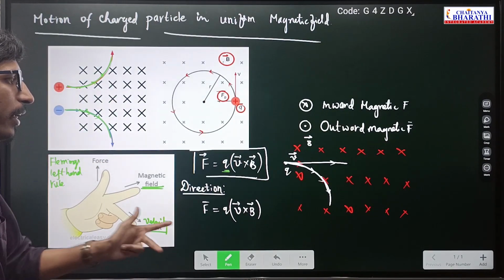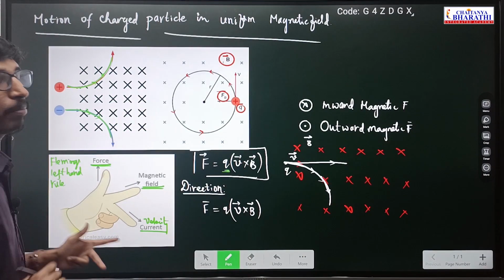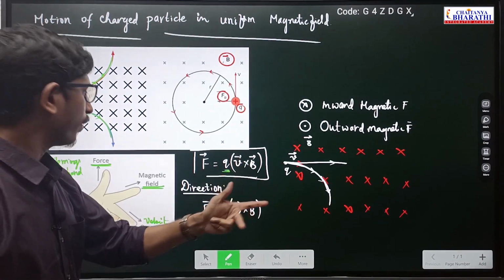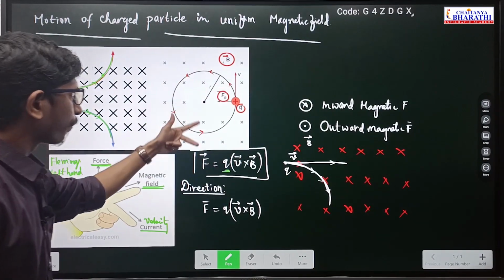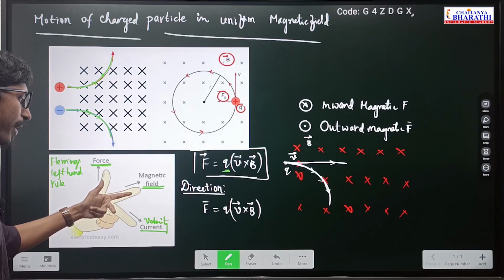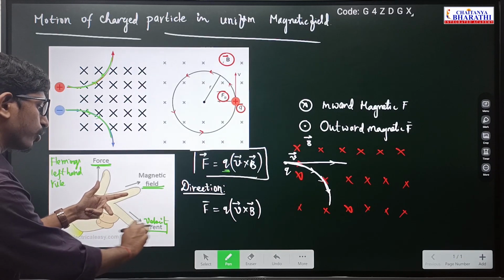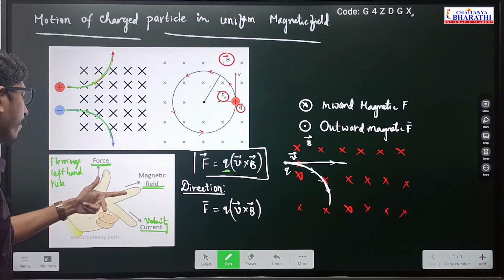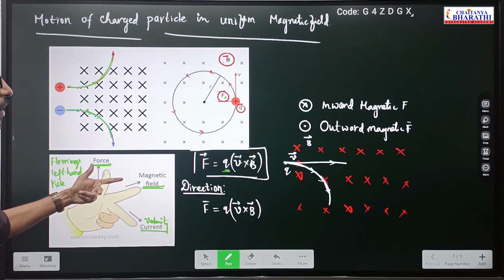Then automatically the thumb gives you the direction of the force experienced by the particle. So in this scenario, keep your forefinger in the direction of magnetic field and your middle finger in the direction of motion of the particle, or velocity direction. Then the thumb gives you the direction of the force experienced by this charged particle.